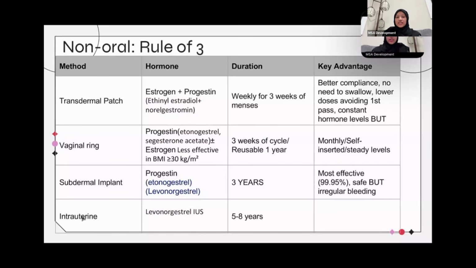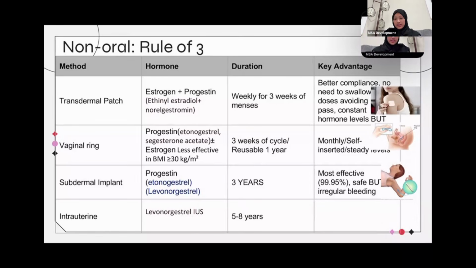Intrauterine hormonal device is progesterone only, the levonorgestrel, and duration is 5 to 8 years. The side effects I mentioned already, the progesterone ones, right? It can cause breakthrough bleeding, the most common, and the other things, fatigue, moods, and so on. So this is the one under the skin, this is the vaginal ring, this is the patch on the skin.